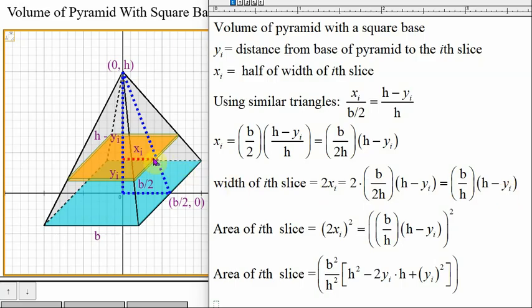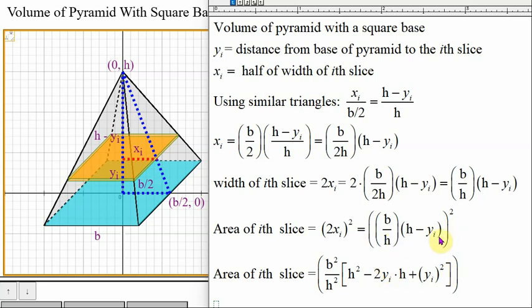So this side right here is 2x sub i, and this side right here is 2x sub i. And so the area for this ith slice would be 2x sub i squared, which is b over h times h minus y sub i squared.